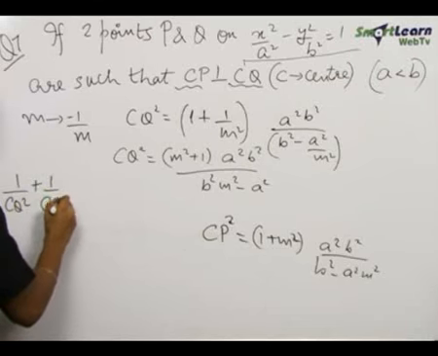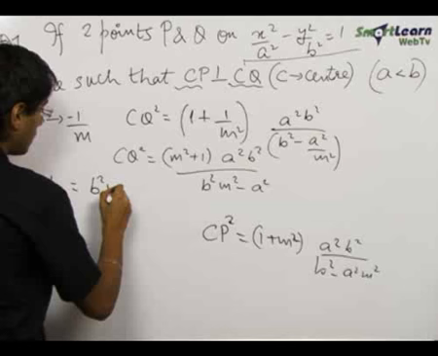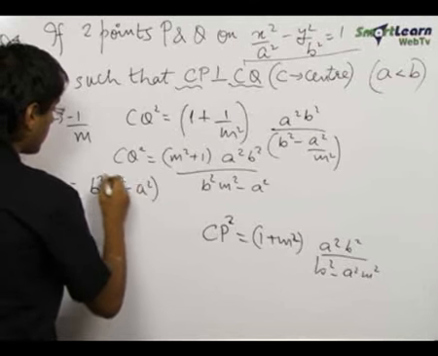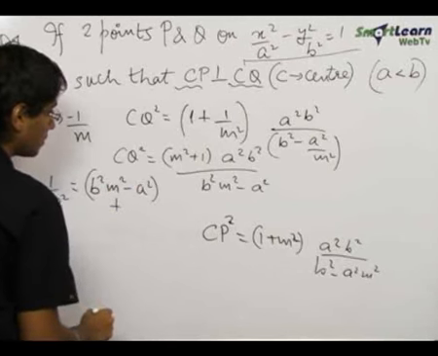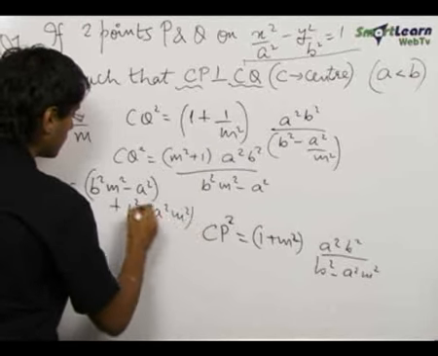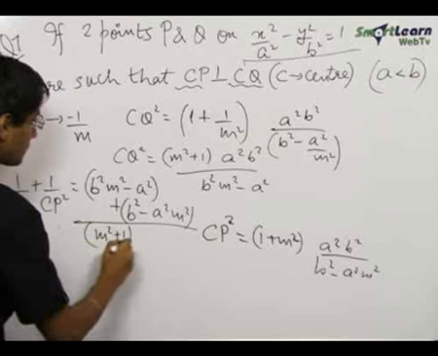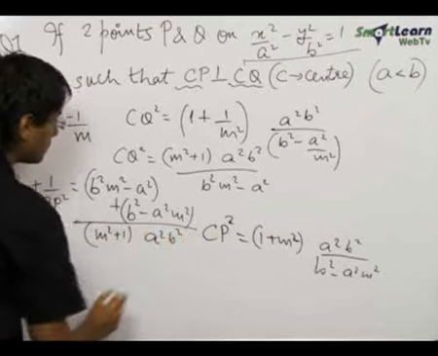Hence 1 upon CQ square plus 1 upon CP square becomes equal to b square m square minus a square plus b square minus a square m square, whole upon m square plus 1 into a square b square.